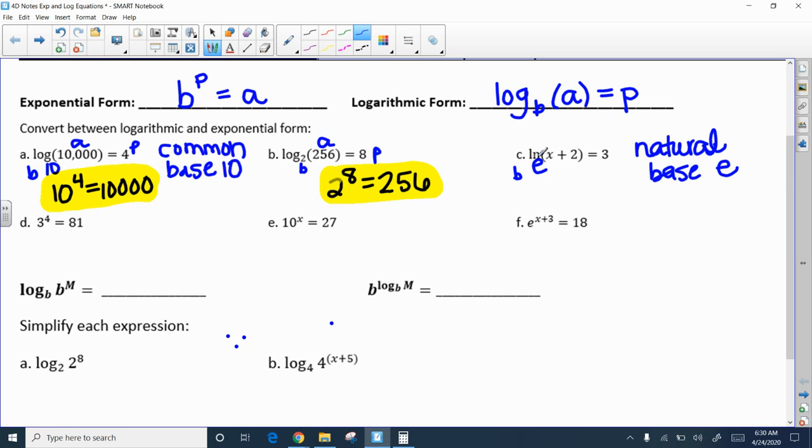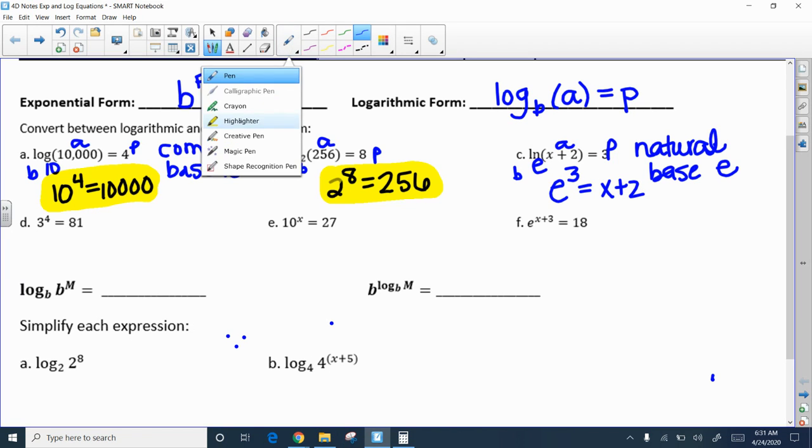An ln, or a natural logarithm, is still logarithmic form because it still has a logarithm. So this is in the form log base b of a equals p. When I change it to exponential form, b to the p power is going to be e to the third power, equals a, so equals x plus 2.